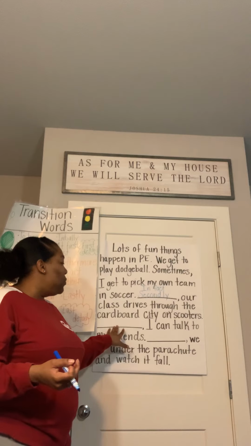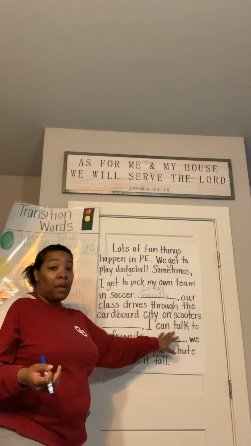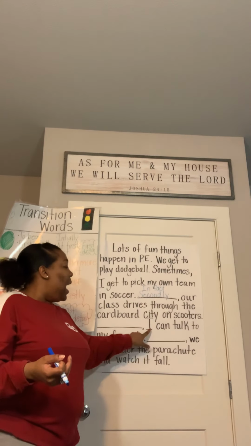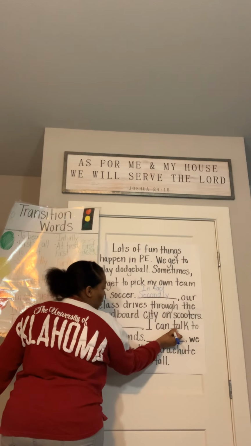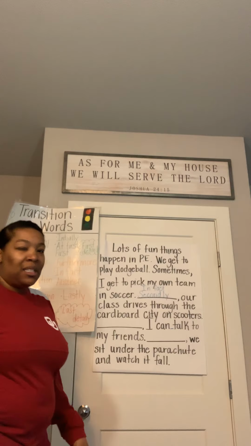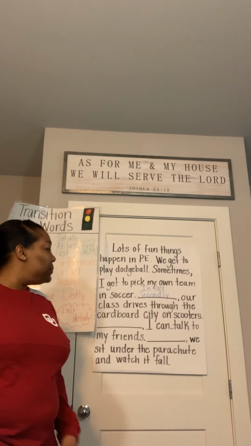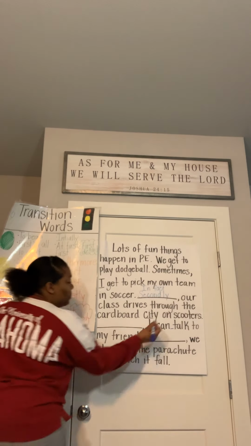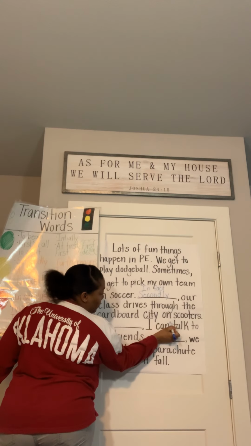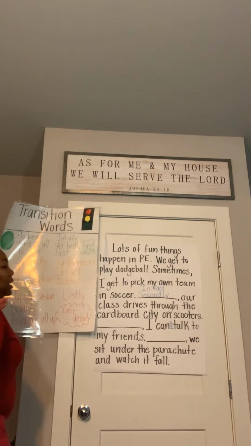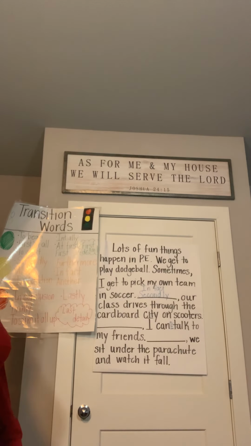Maybe we can move our transition word in the middle of the sentence and it could say, I can also, right here, talk to my friends. Does that sound like a good idea? Okay. Let's put also right here. Okay. I can also talk to my friends.